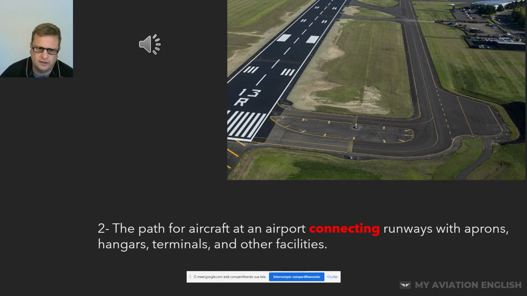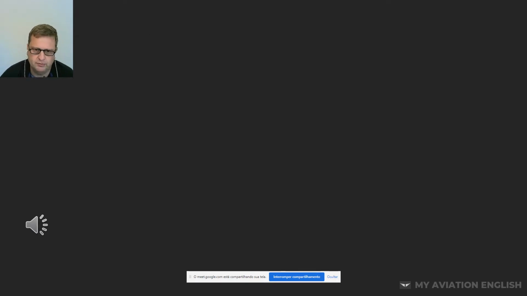The taxiway. All right. The path é o caminho, você entende? Connecting runways with aprons, hangars, terminals and other facilities. Você pode falar para mim hangars and facilities? Hangars and facilities. Perfeito, pronúncia muito boa.